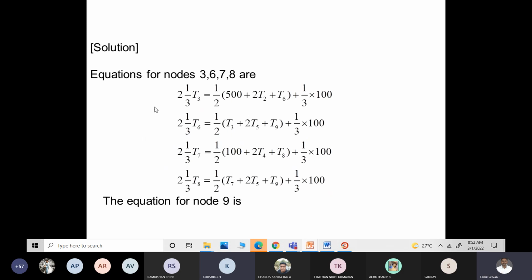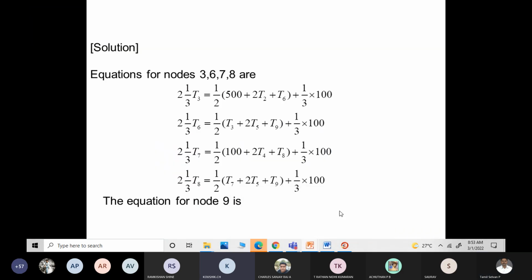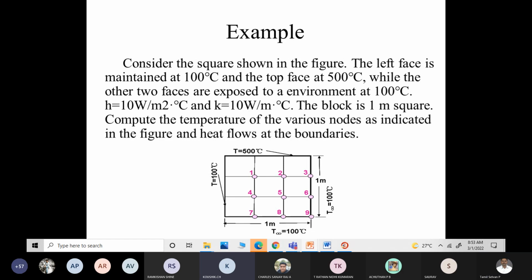For T3, you will be using 2 1 by 3 T3. So you may ask a question, sir, why for nodes 3, 6, 7 and 8 are you using this equation? These are exposed to the convection boundary.